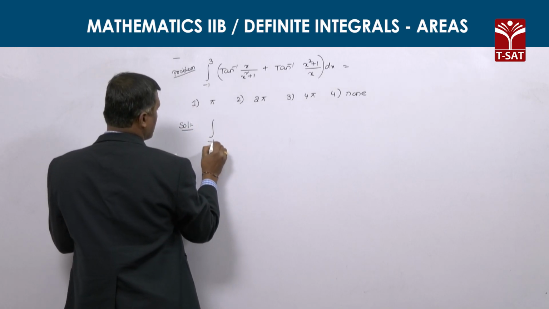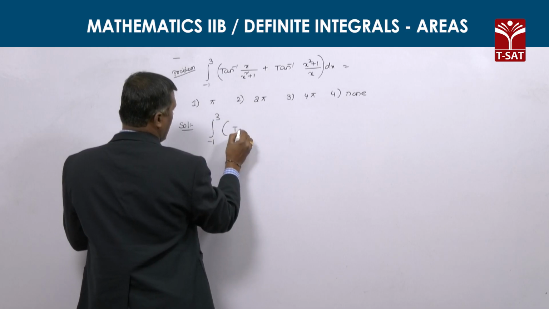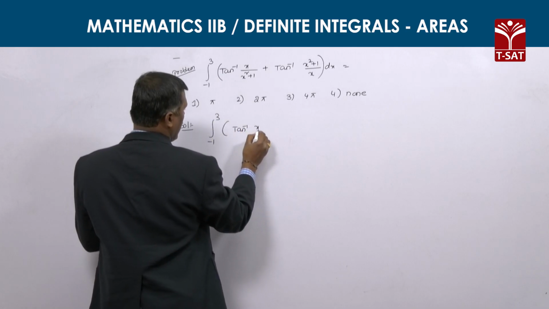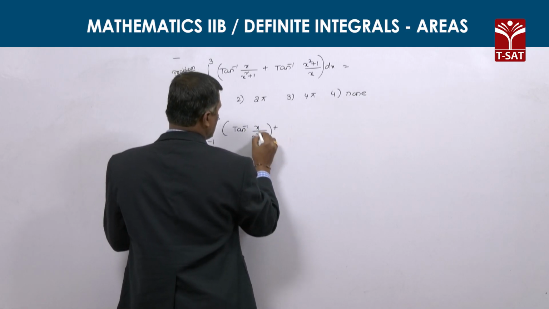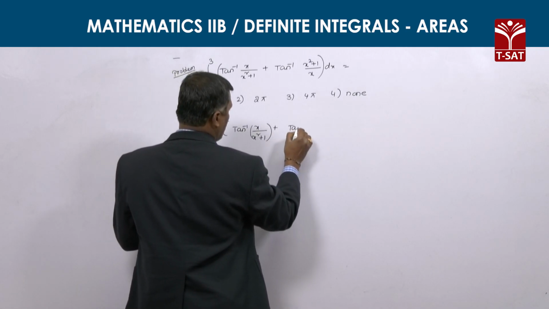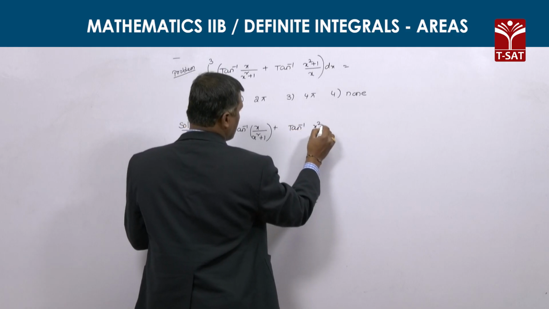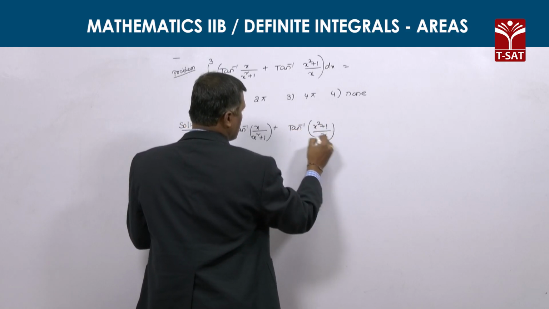Given integral from -1 to 3 of tan inverse of x by (x square plus 1) plus tan inverse of (x square plus 1) by x dx.